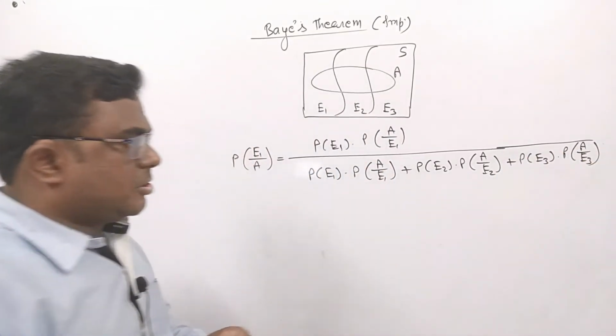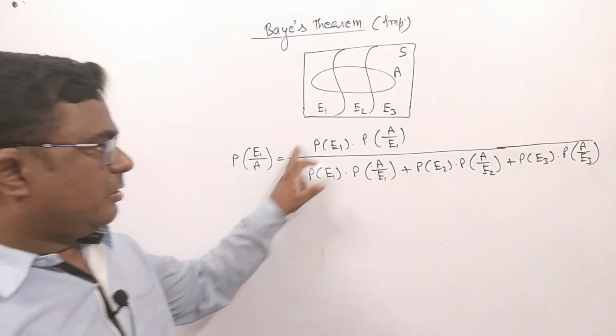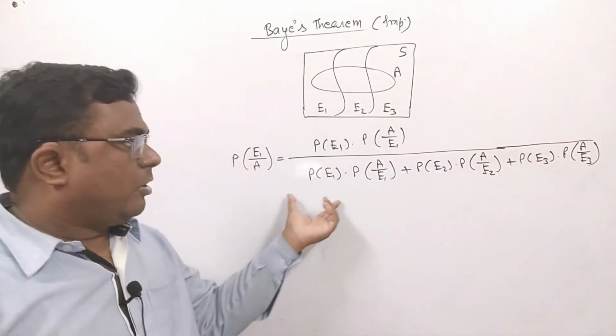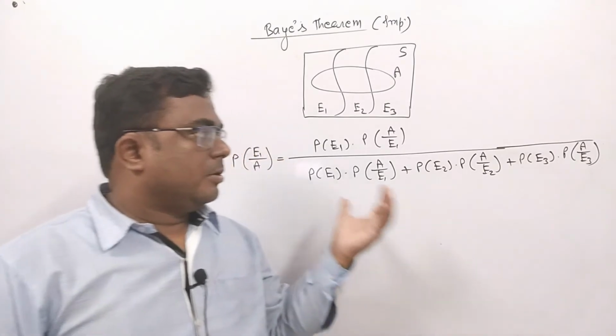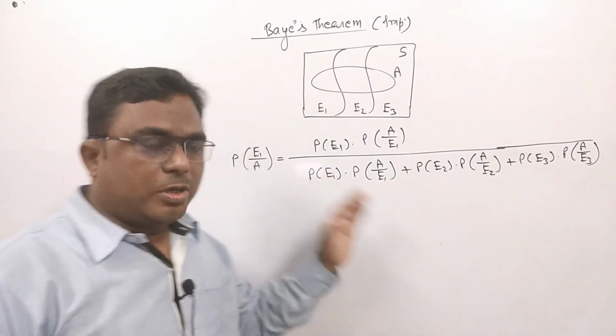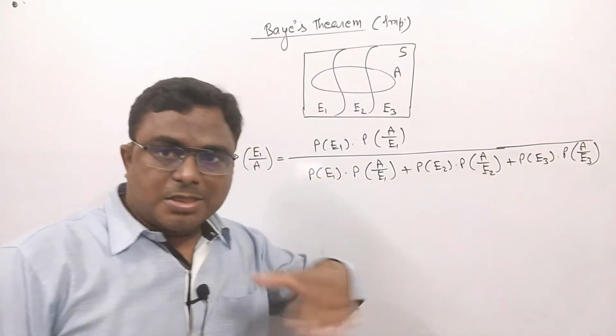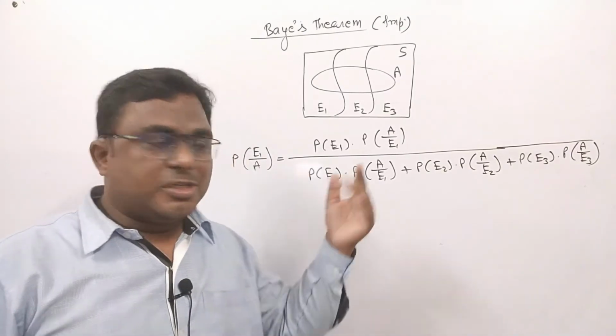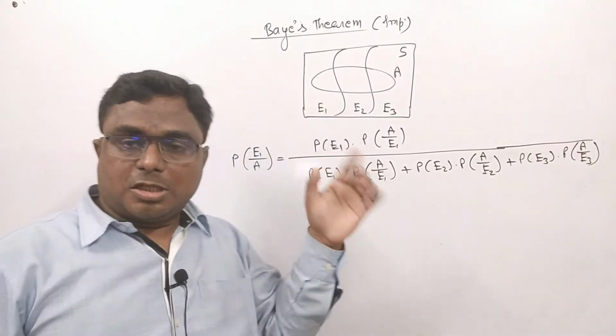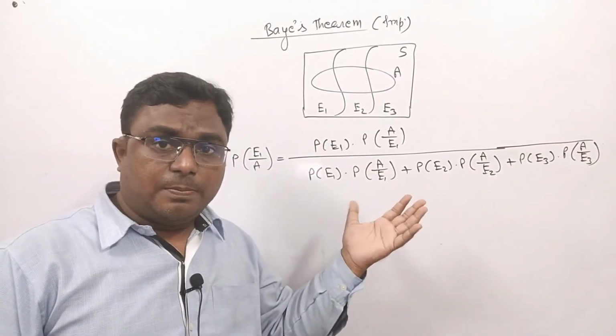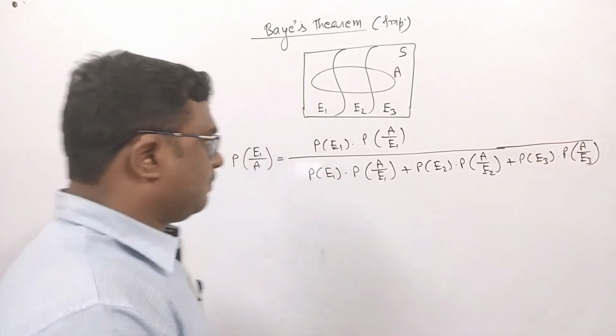You will be surprised to see that in the denominator of this theorem, what have we written? We have written theorem of total probability. So this denominator part is having the complete theorem which I told you just before it. What was the name of that theorem? Theorem of total probability.